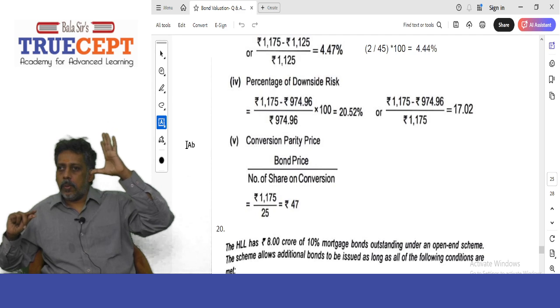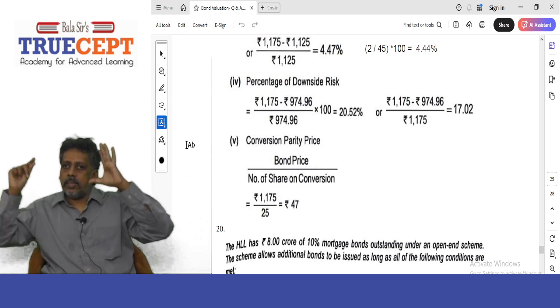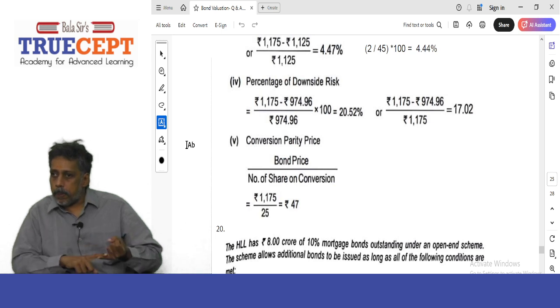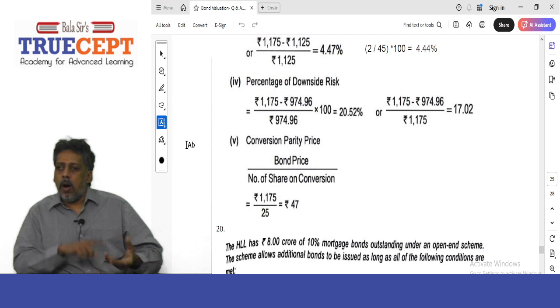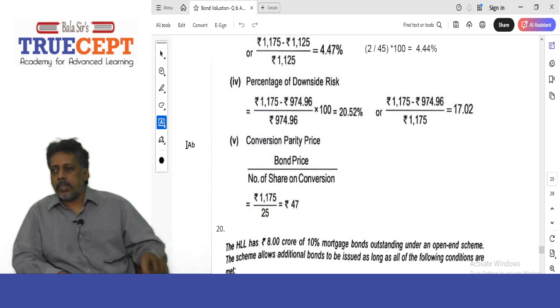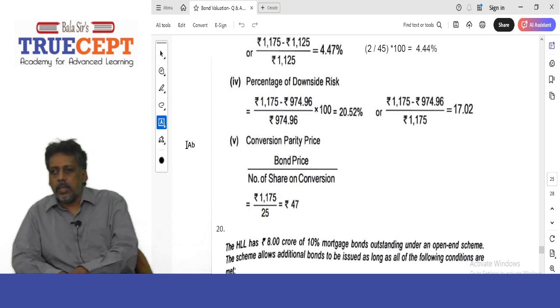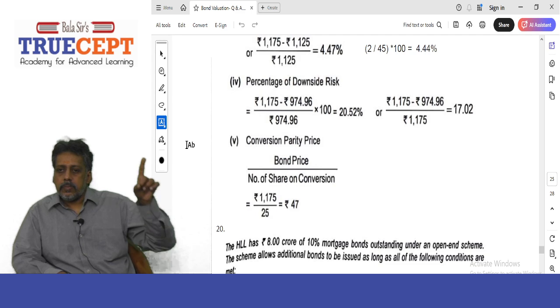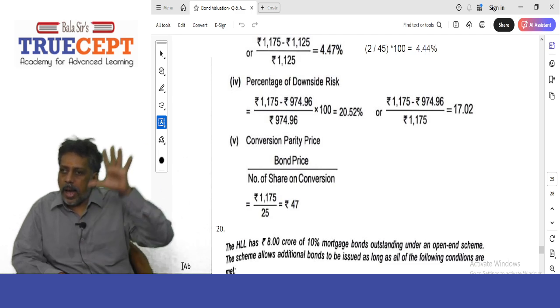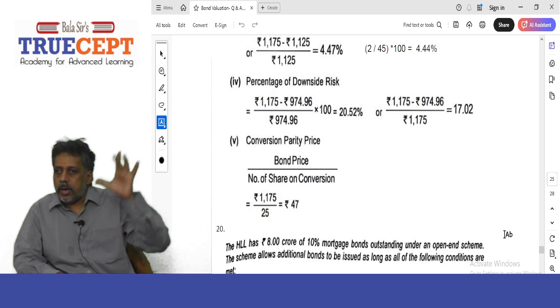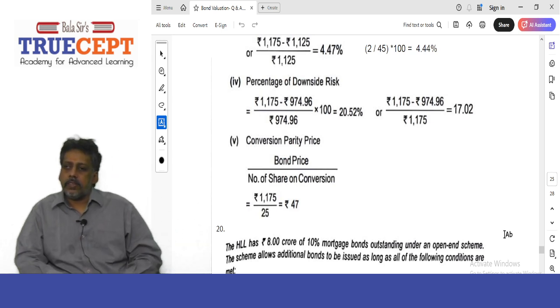Yes, sir. Suppose the price of one share goes to 47. It doesn't matter whether you buy the share in the market for 47 or buy a bond and convert them into shares. It will be 47 rupees per share. Got it? Yes, sir. That is what it's called, the conversion parity price. Nothing but the market conversion price. Is that clear? Yes, sir.